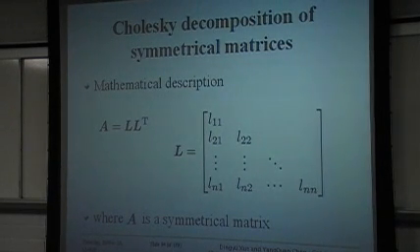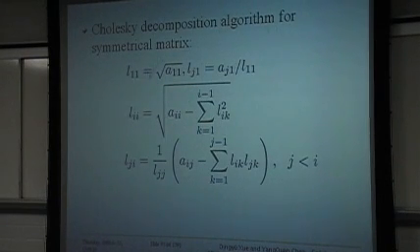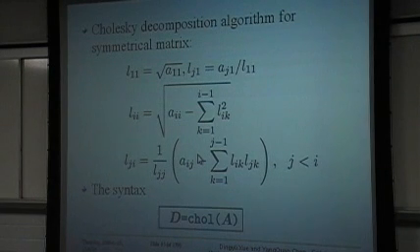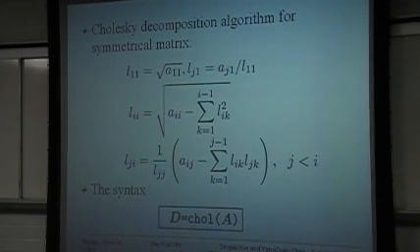This kind of decomposition is referred to as Cholesky decomposition. It applies only to symmetrical matrices. This is the algorithm used. And in Matlab, you can call the CHOL function to perform Cholesky decomposition of the original matrix.